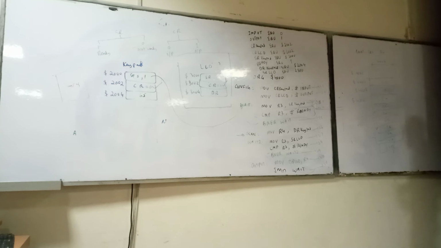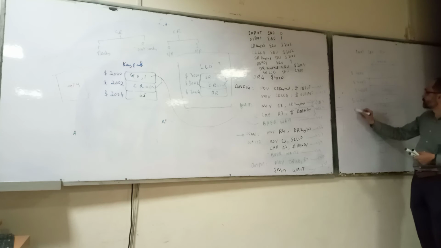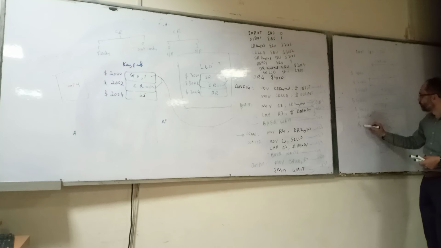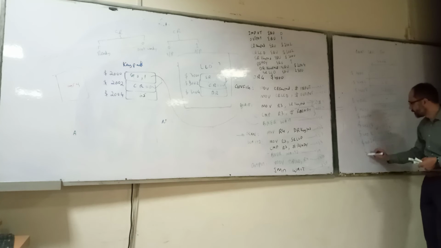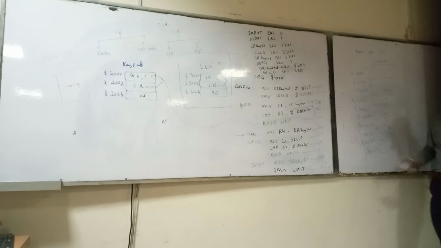There are 11 instructions in the program. Now $400C, $4010, $4014, $4018, $401C, $4020, $4024. So these are different memory addresses.